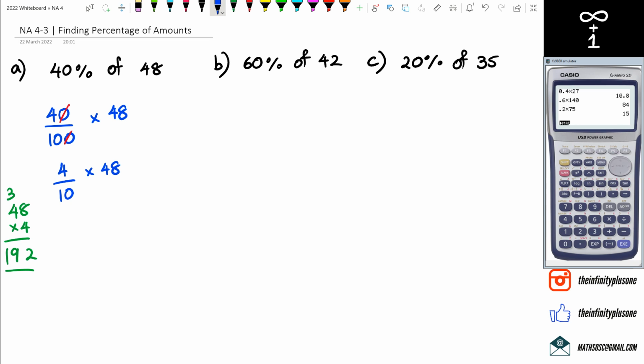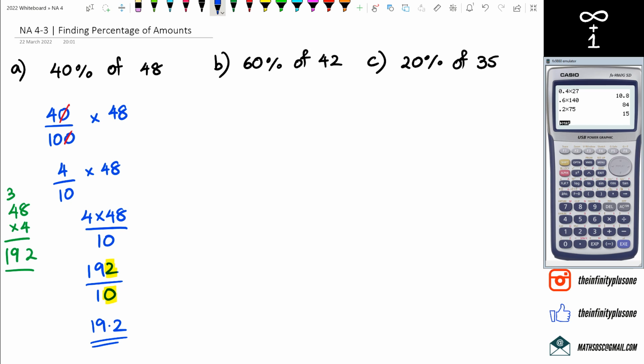So 4 times 48 divided by 10 is 192 divided by 10. And of course, when we divide by 10, the decimal point moves one spot to the left. So our final answer here is going to be 19.2.